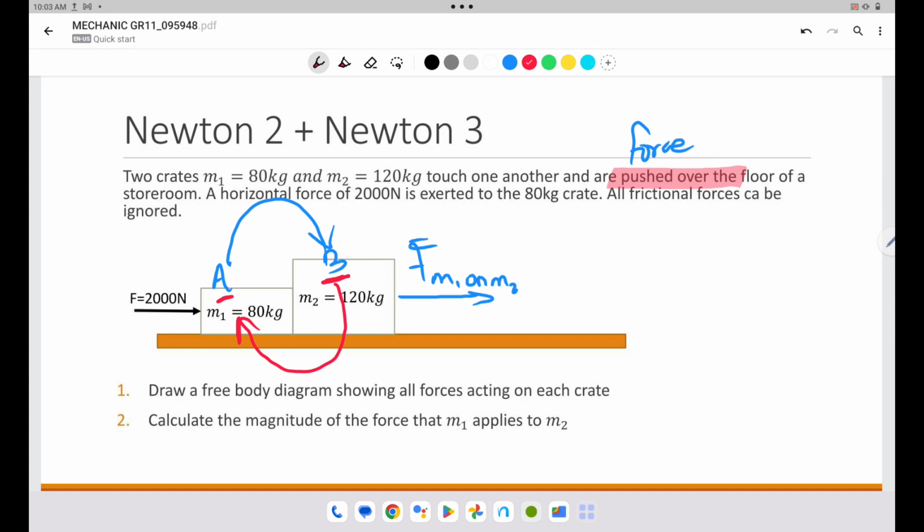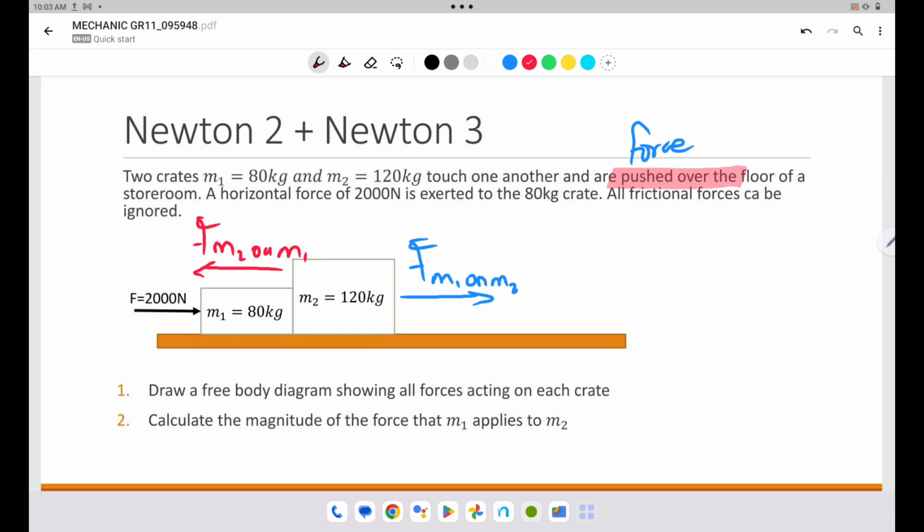So we have a force that M2 applies on M1. What is the direction of the force opposite to that applied by M1? So we have M2 on M1.